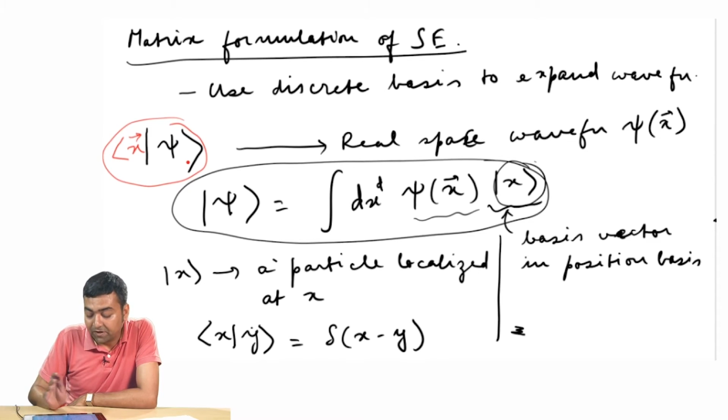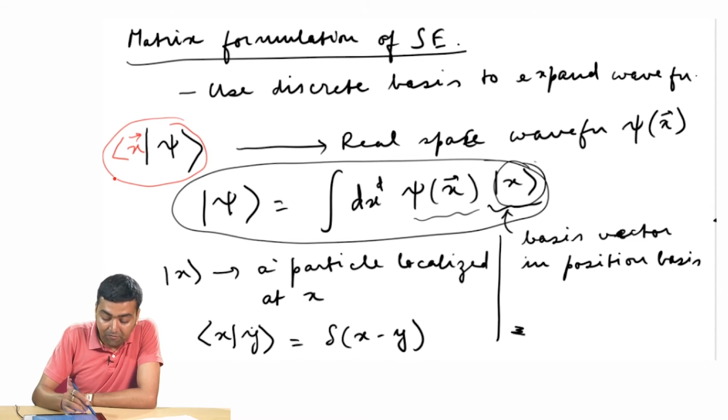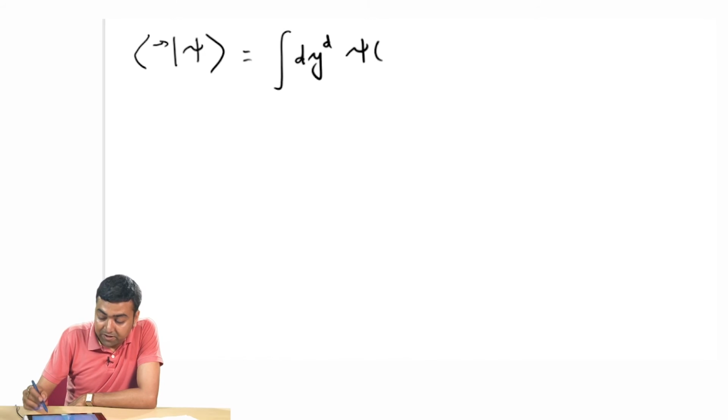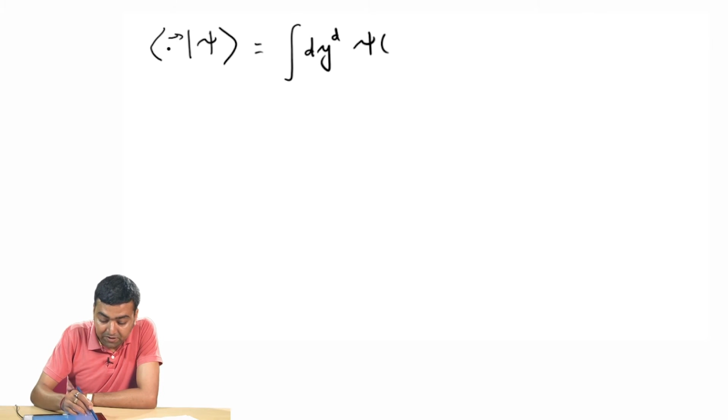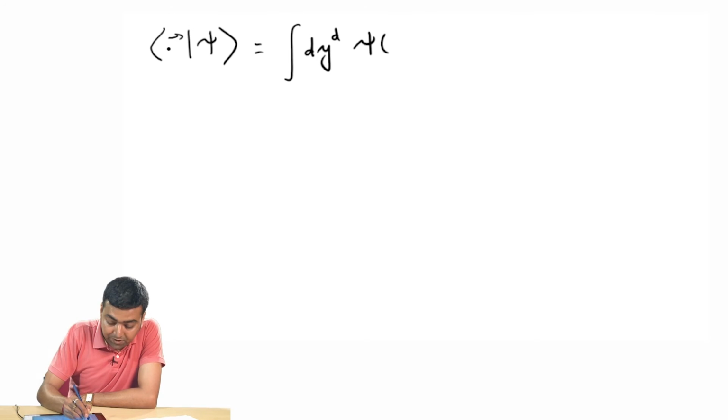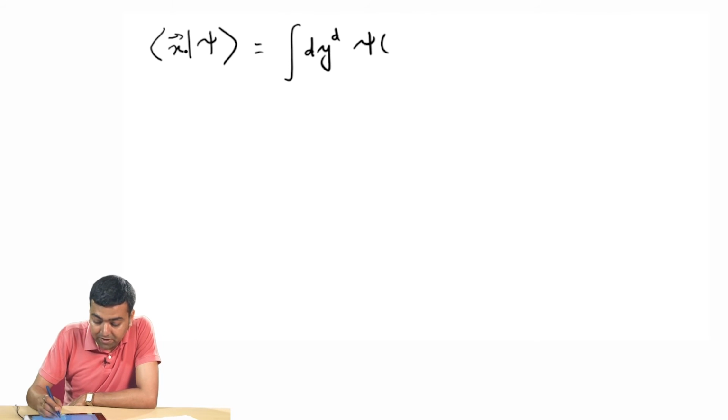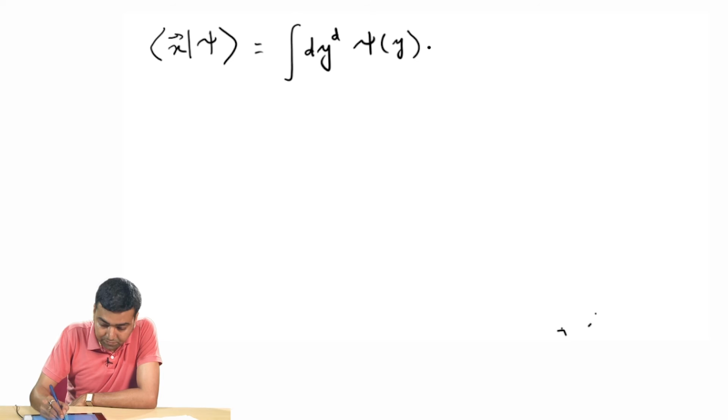So, we use a different position basis, representing it as y instead of x. My psi I need to now represent in y, and then it will operate on this.